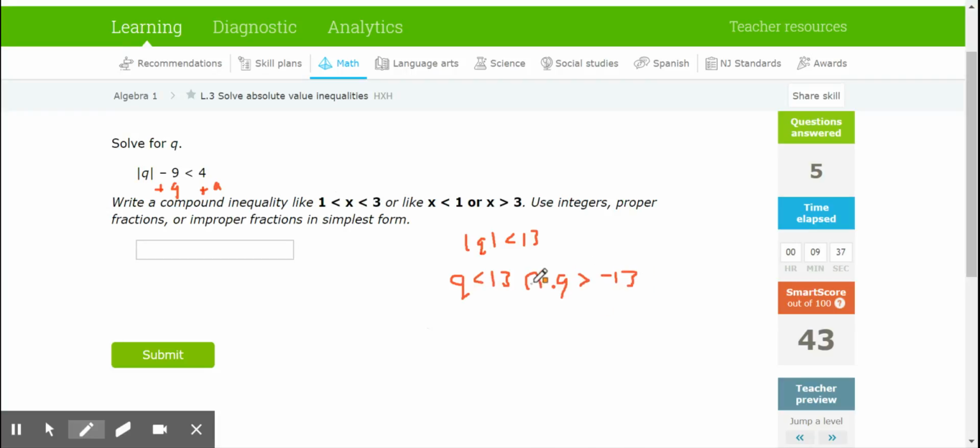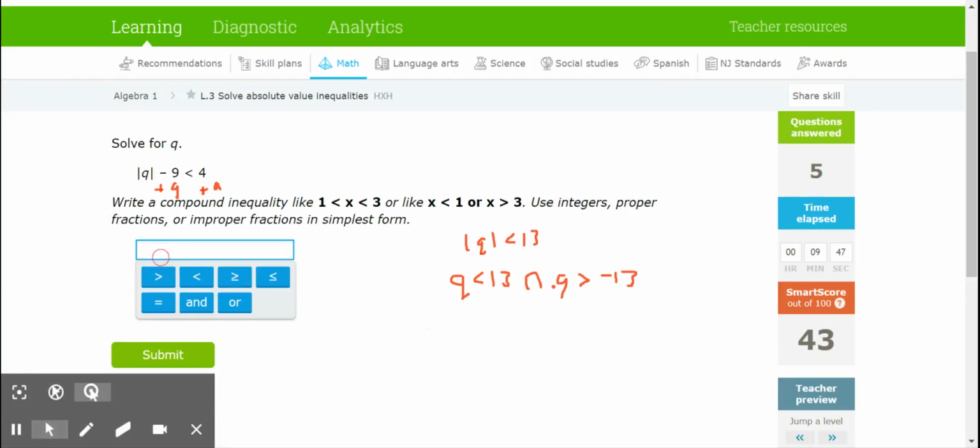Notice we never change what was inside the absolute value. It is what it is, but set it equal to the positive case, and then flip for the opposite case. All right, so this is going to be from -13, which is less than q, which is less than 13.